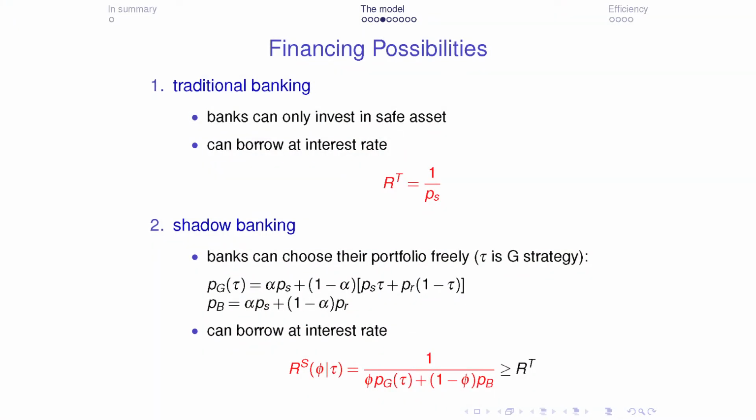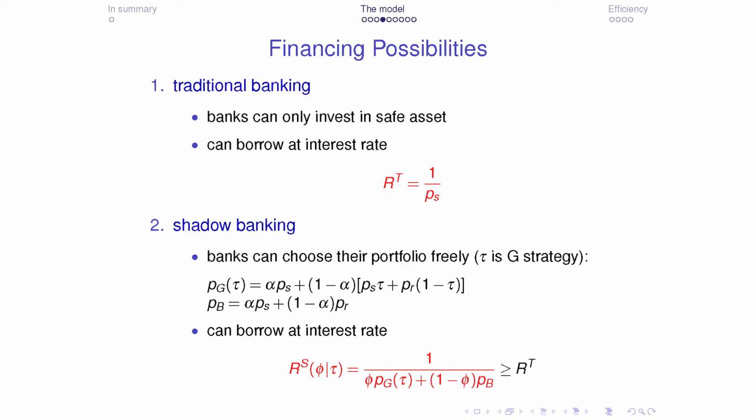So PG(tau) and PB are the probabilities that a good bank, respectively a bad bank, repays, given that tau is the strategy that it's going to follow in equilibrium. Okay? So the good bank is going to repay, when the asset is superior, with probability alpha, it's going to repay with probability PS, because it invested in the risky asset that repays with probability PS.